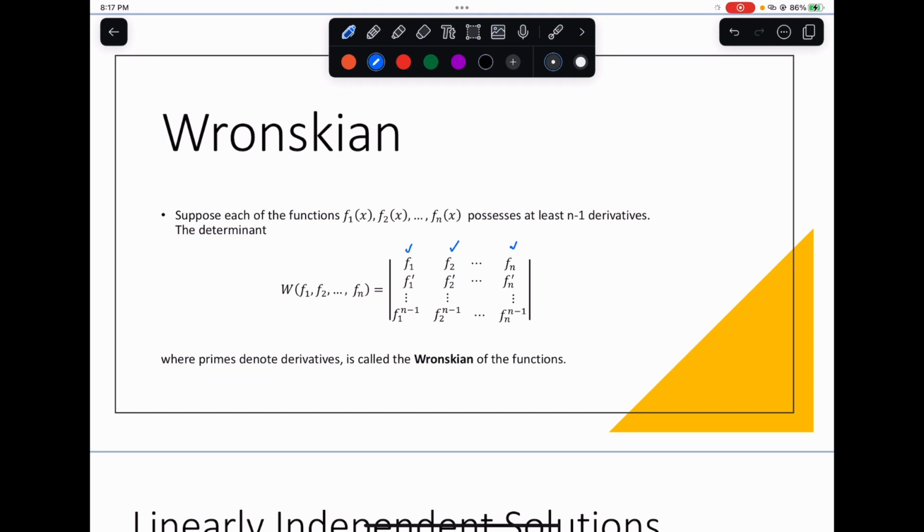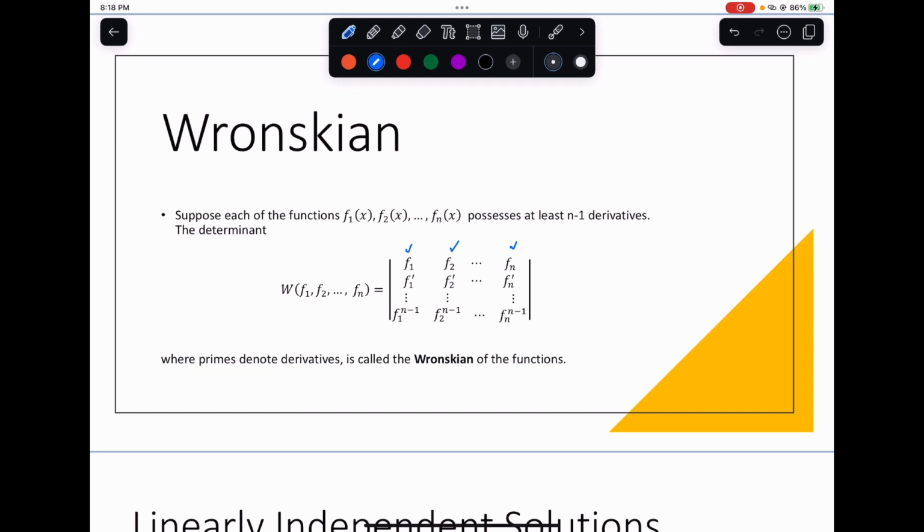So how do we form it? The first row will always be the solutions of the equation, the set of functions. The second row would correspond to the first derivative. The third row would correspond to the second derivative.